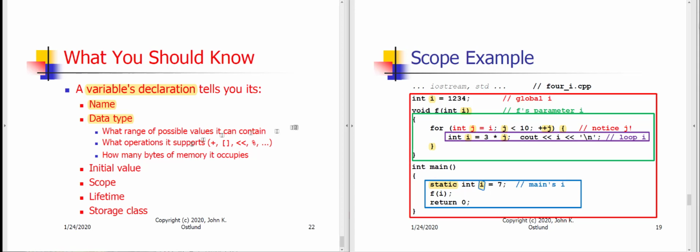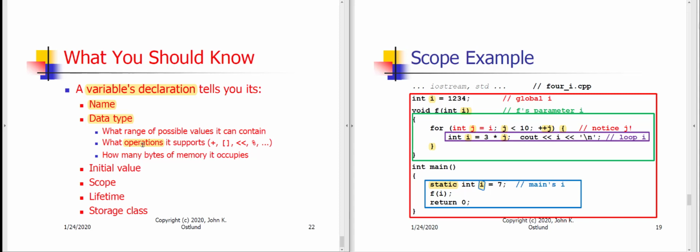The data type also tells me what the supported operations are. Okay, so for an int, I know that addition to other numbers is supported. I know that subscripting is not supported. I can't subscript on an int. I know that I can put an int value to cout, so the put to or insert operator to cout is supported.